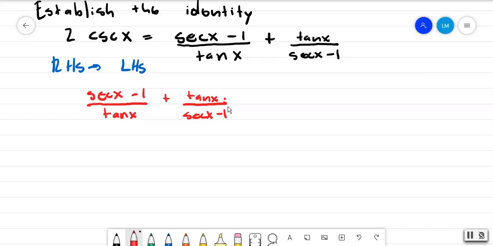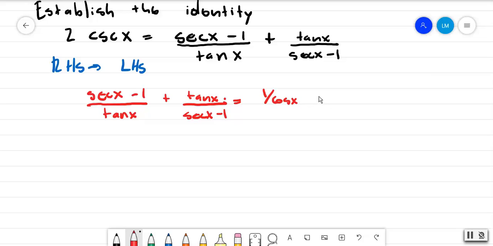One would probably be to try to combine like terms using a common denominator. That may work out, but how about this? Why don't we explore the option of just transcribing this into basic terms.